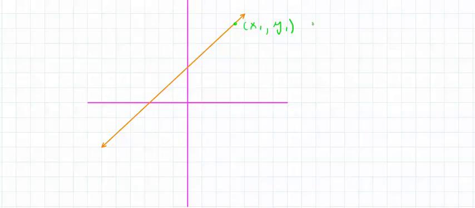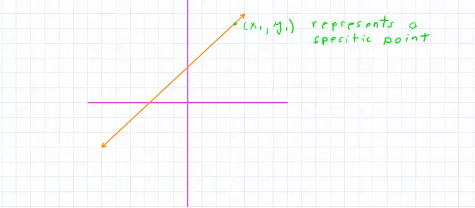This represents a specific point. It could be 2, 3, 5, 7, who knows.